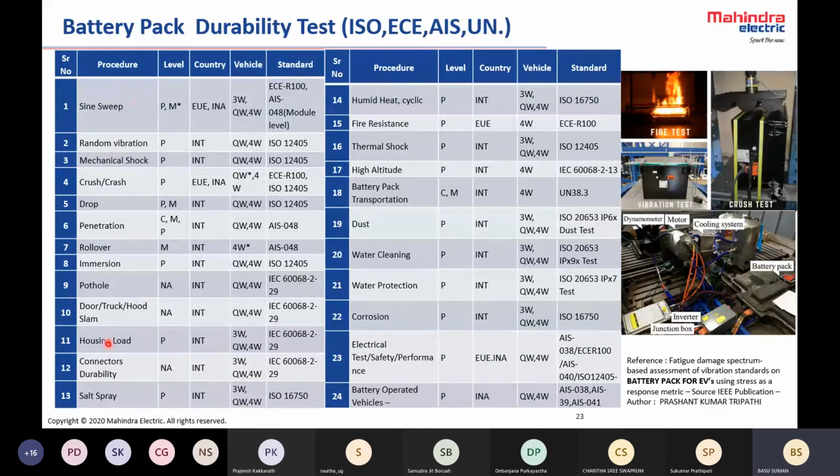So there are many different standards available for different conditions, and depending upon which country this will be used in, these have to be met. Generally for India there is the AIS standard, but Mahindra Electric also gets into some of the ISO 12405 standards, and then for transport, even 38.3 standards, the IP67 standard, etc.